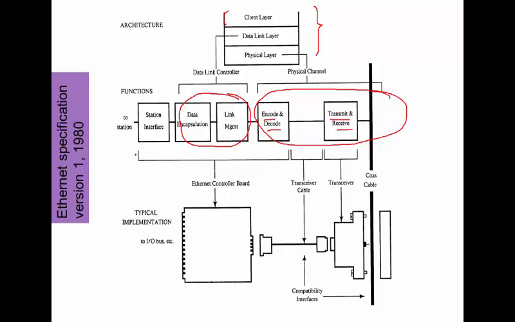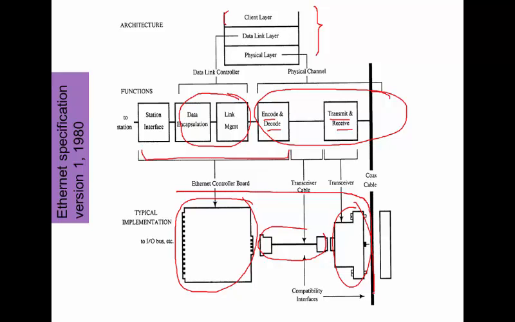Okay, so these can be implemented in one electronic device, and this can be implemented in another electronic device. So we put them in one equipment. We call that network equipment.